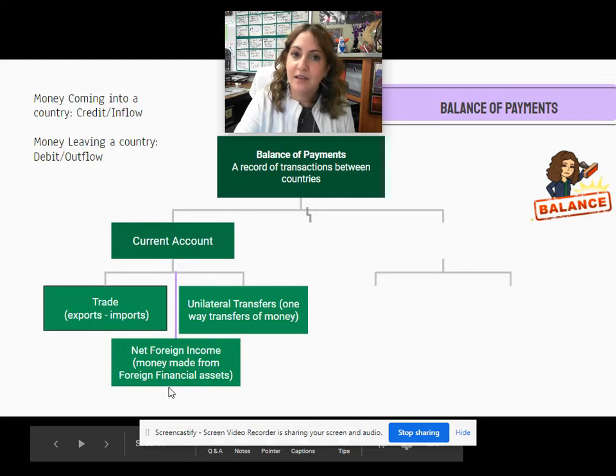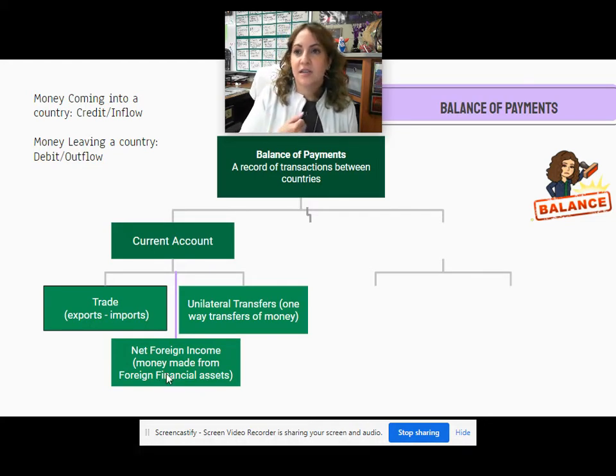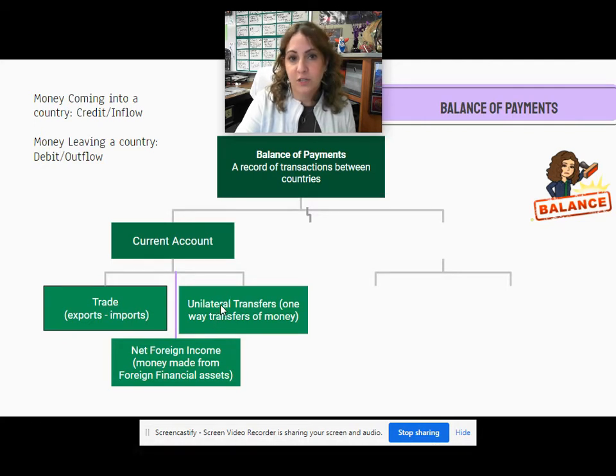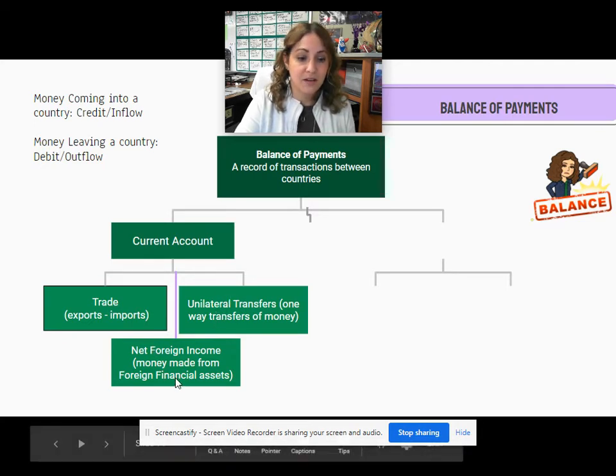Any money made, any interest, any dividends that you get on stock, any profit earned on financial investments abroad is going to be in the current account. So once again, it's trade, unilateral transfers, and then money made on financial assets in a different country.